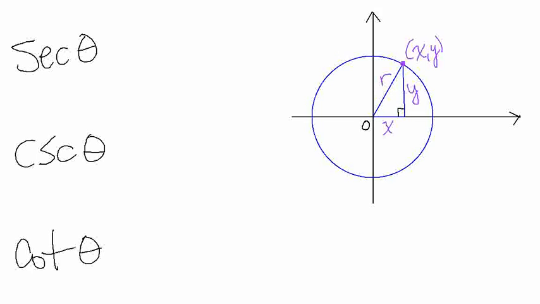So in the picture, I have a circle with a radius r centered at the origin. And I've denoted a point on the blue circle with a radius r with a purple dot, and I've named the coordinates of that point x and y.